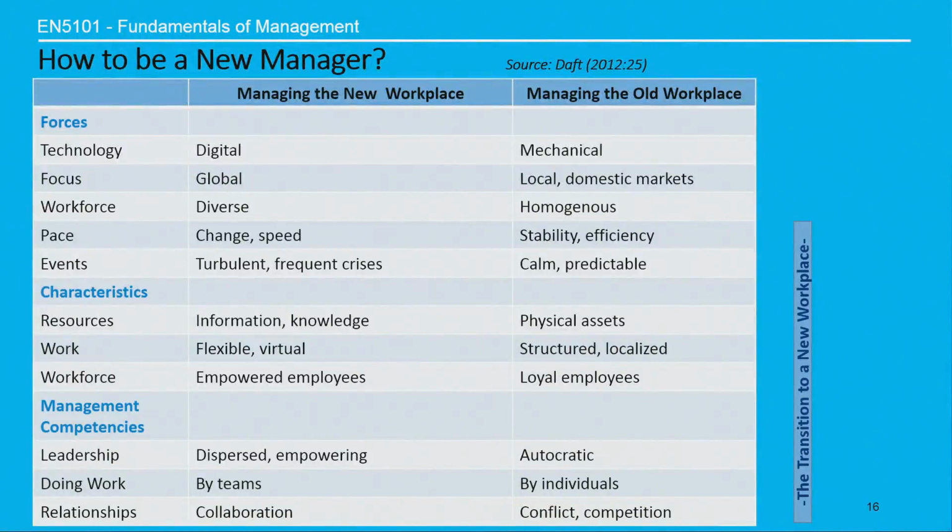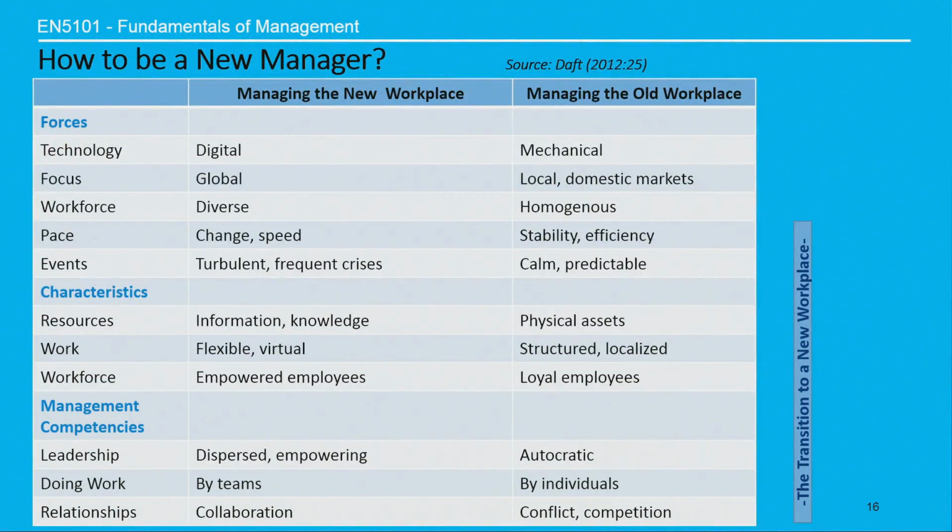Then coming to the second point, the characteristics. Older workplace managers were supposed to deal with physical assets or structured and localized setups. But today, the new managers are supposed to work with information and knowledge, and they should be more flexible, able to work with virtual setups, and finally they should empower people.